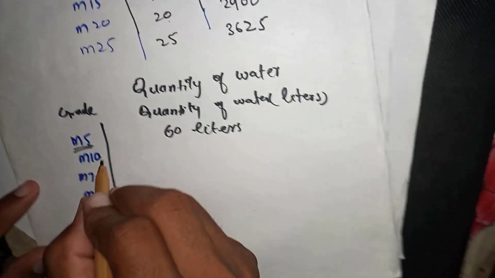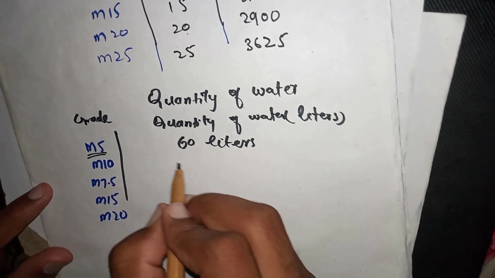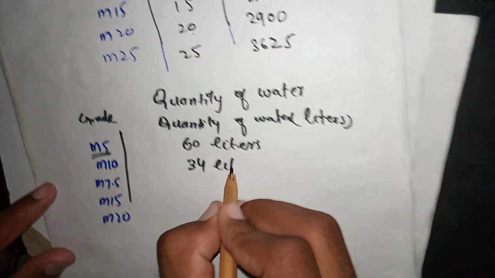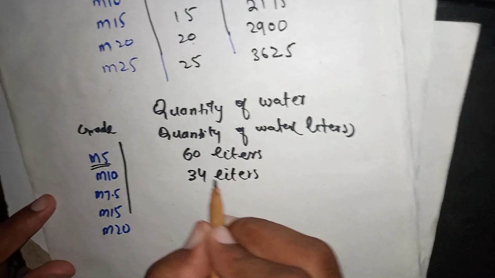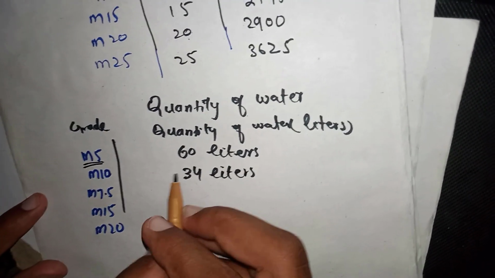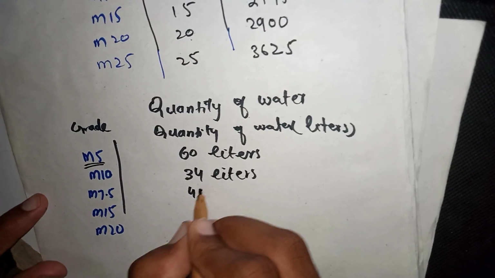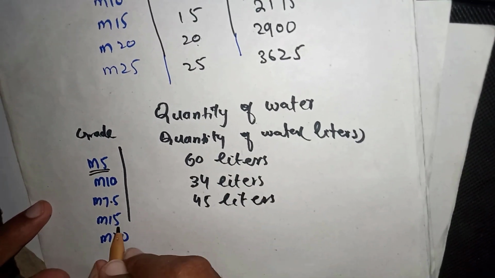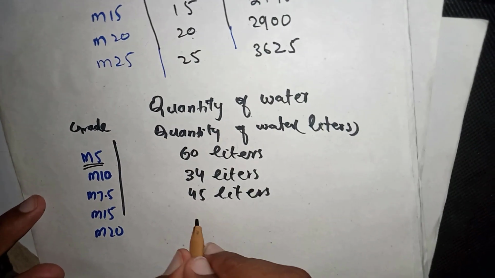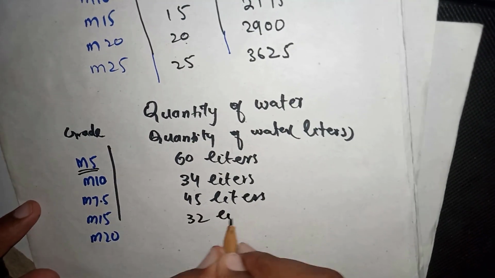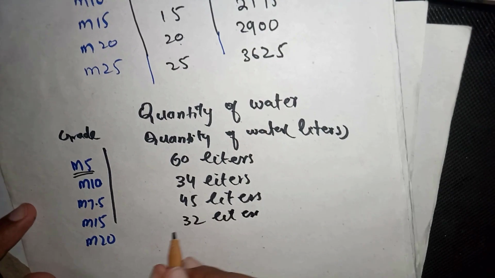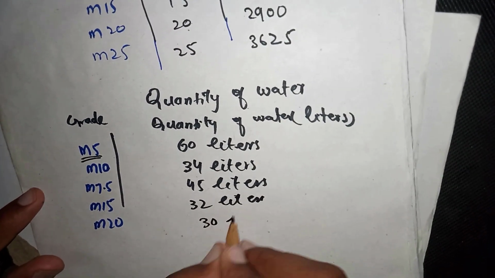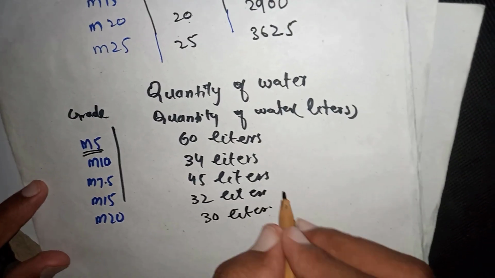And then M10, for M10 it is 34 liters. For M7.5 it is 45 liters. For M15 it is 32 liters. For M20 it is 30 liters.